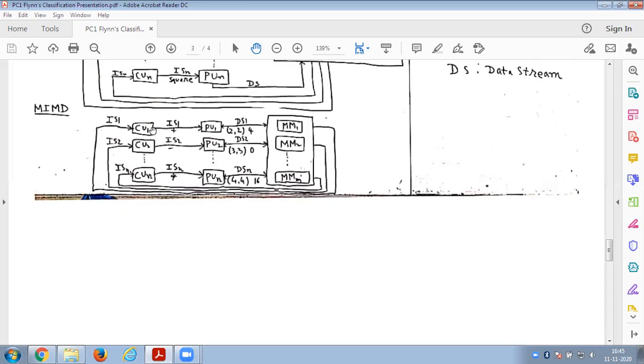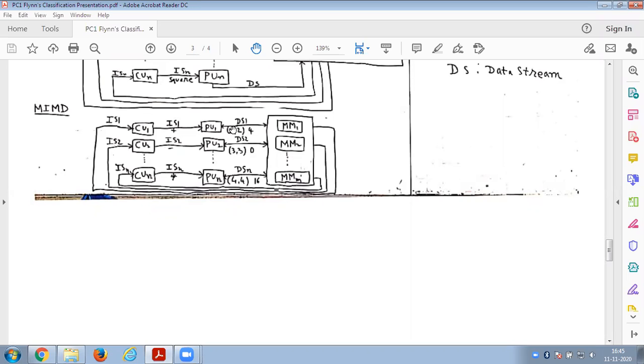So control unit 1, 2, 3, etc. are decoding these instructions and giving these decoded instructions to processing units 1, 2, 3, etc. The processing unit is fetching the data from memory. Suppose PU1 is fetching 2, 2, PU2 is fetching 3, 3, PUN is fetching 4, 4. Suppose plus operation was there, here minus operation was there.